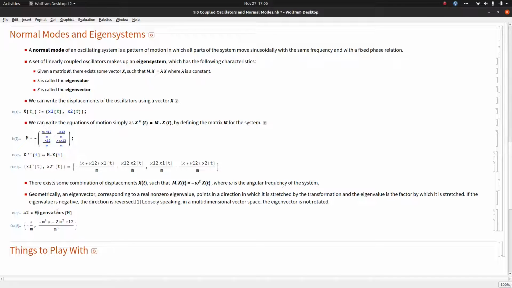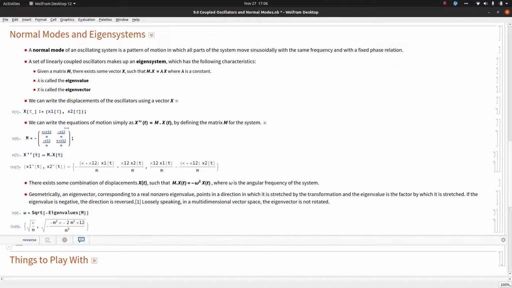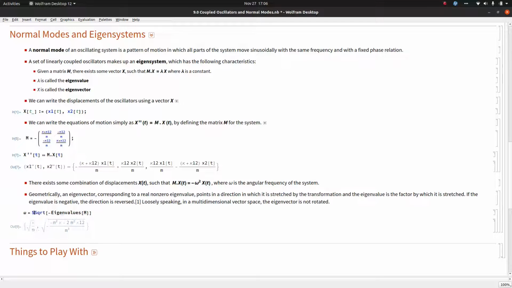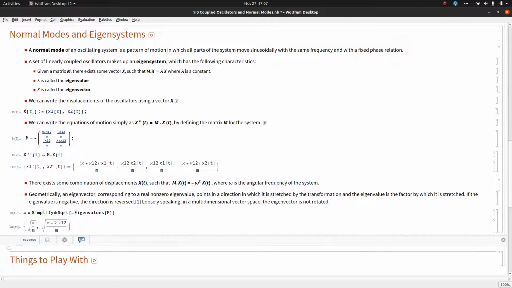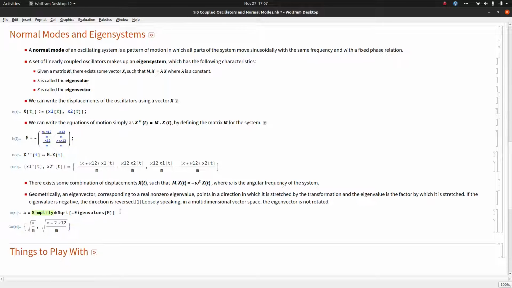So if I want to solve for omega, omega is really going to be minus this, and then square root of the whole thing. And I'll throw a simplify on top of that just to make it look a little nicer. So those are your eigenvalues.